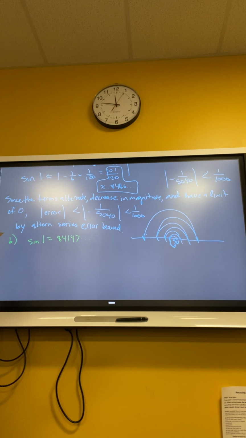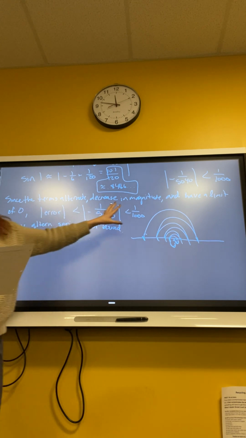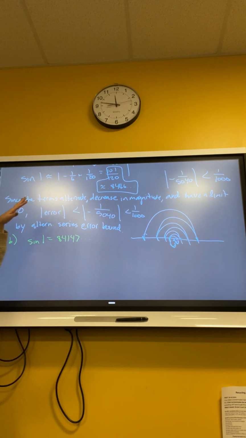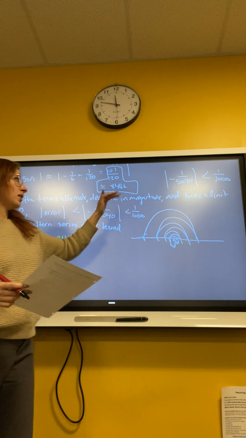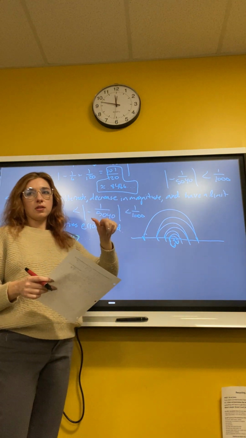Can we still do this? If you don't have alternating ones, then you can't use the alternating series error bound, so you can't say this about the actual sum. The only other one would be the Lagrange error bound, and we'll do that after spring break. I'm not gonna throw that at you right now. You'll only see this if you can use it for alternating series.